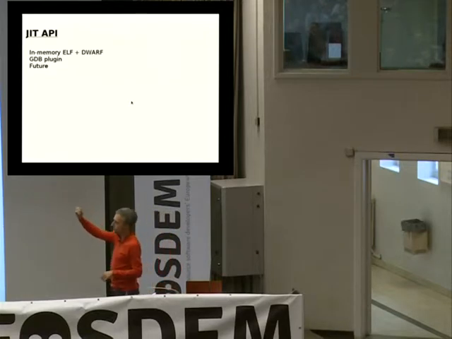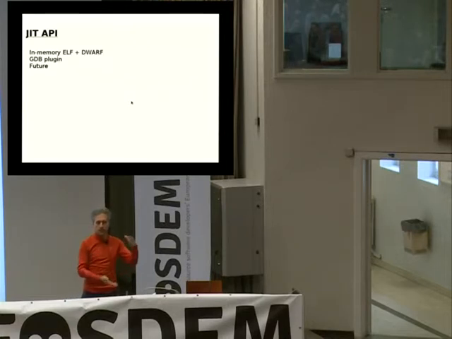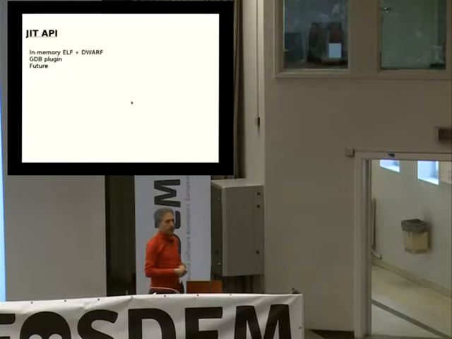There are some patches pending to expand that. Currently the API is quite simple. There's only a few things you can tell GDB about, and these patches expand the range of what you can tell GDB about. And I think it would be useful to hook this up to Python. It's just nobody's done that.